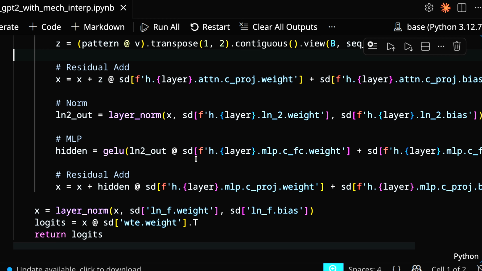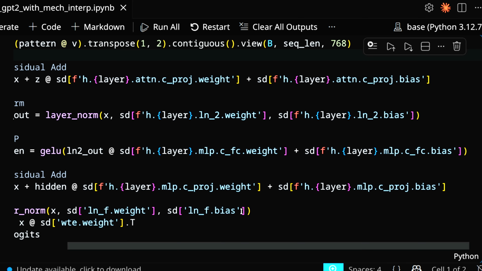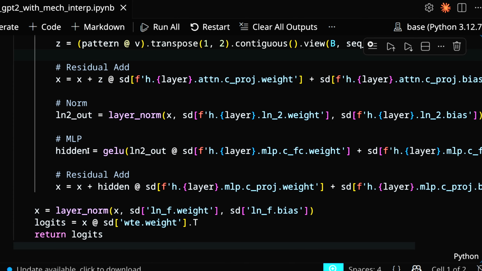So this matrix multiplies L2 out with the pre-trained multi-layer perceptron fully connected weight, and adds the bias to it right here, and that's the output of that layer.